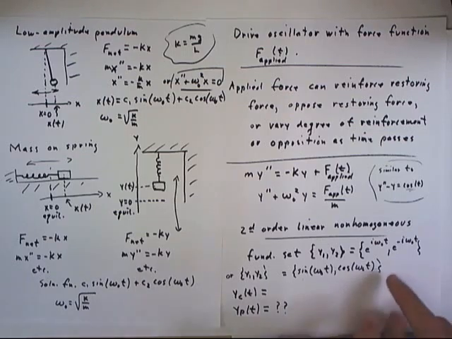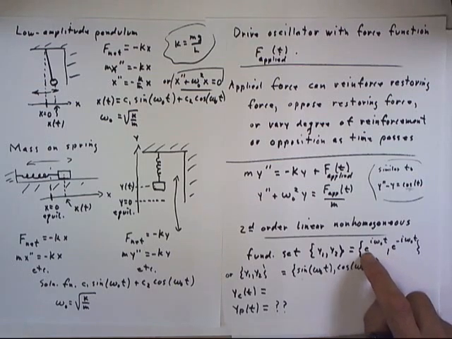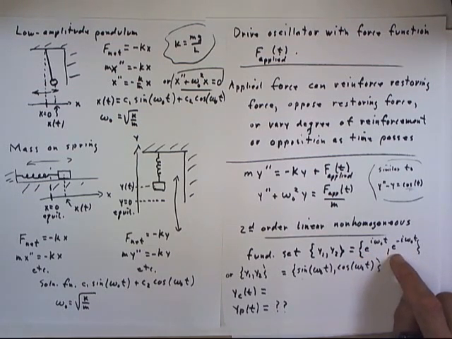Again, you should by this point understand the connection between this and this. We use the Euler identity. This is going to be cosine of omega naught t plus i sine of omega naught t. And this will be the cosine minus i times the sine of omega naught t.